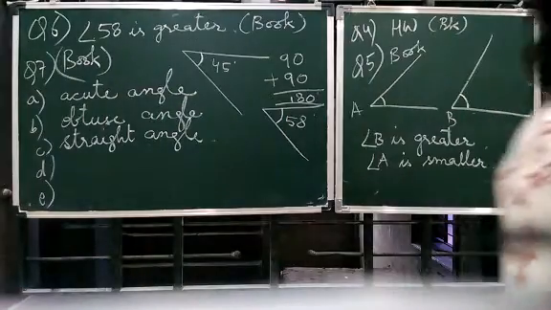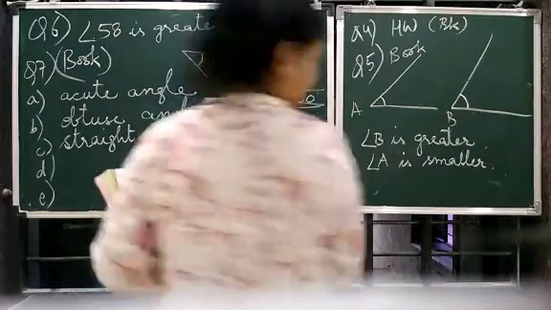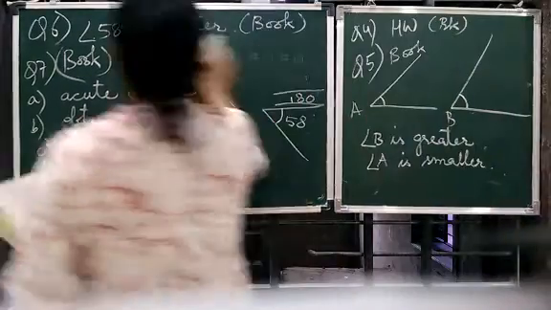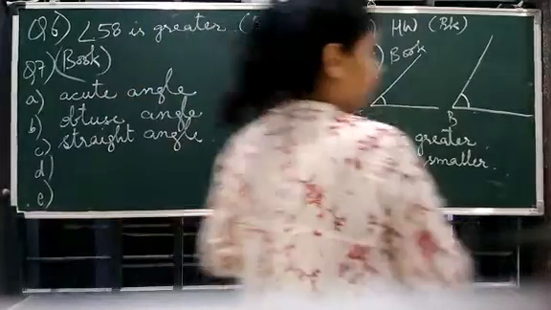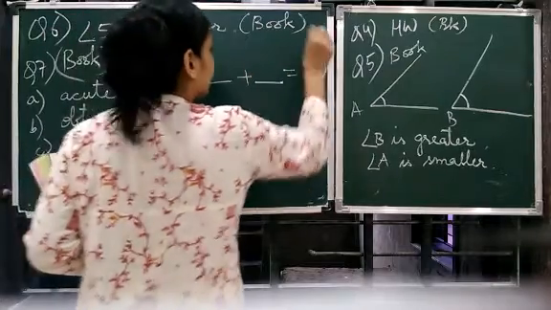When the sum of the measures of two angles is that of a right angle, then each of them is what? When the sum of measures means sum करोगे जब आप, ठीक है, जब आप सम करोगे कोई भी दो एंगल के मेजर को, so it should be 90 degree.